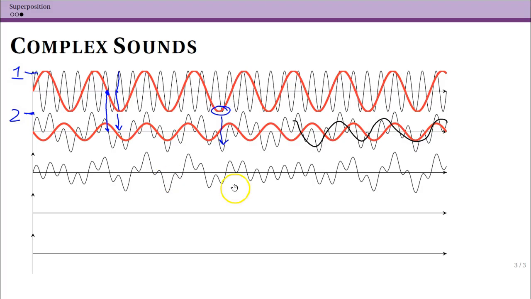Now notice that this is already looking more complex. When I look at an individual point, again noticing that my y-axis here does not necessarily match my y-axis here, I'm being very qualitative. I can pick a point like here where both of my waves were 0, and when I drop this down, I again get 0.